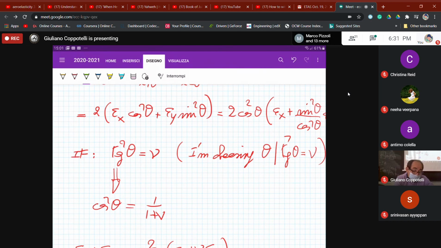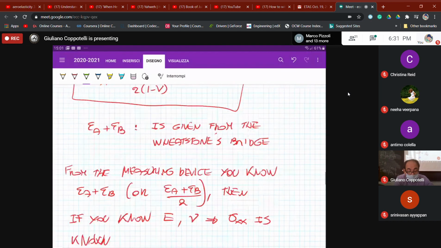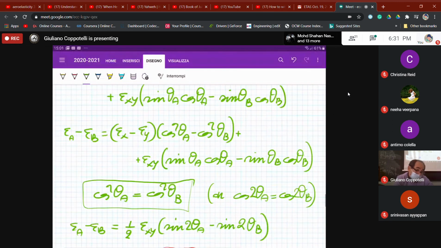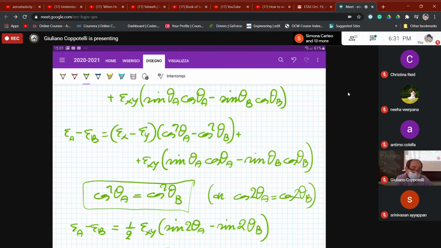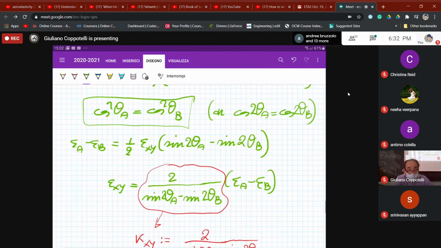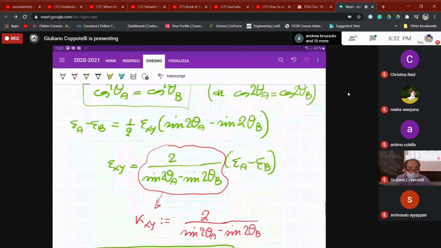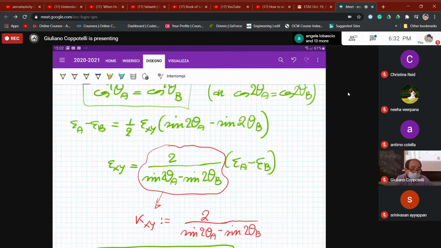Okay. Then, how about the shear stress and then shear strain? We compute the difference instead of the sum of the two strain gauge measurements, epsilon A and epsilon B, and we found out another property. If we set the V configuration so that the two strain gauges are 45 degrees apart, then the shear strain is very easy, just the difference between epsilon A and epsilon B. And that is much more interesting because it is the output from the Wheatstone bridge.